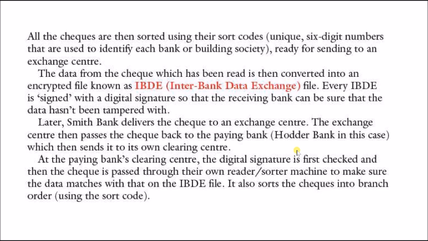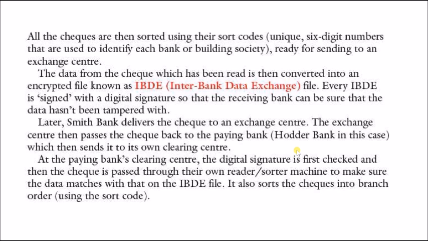Later, Smith Bank delivers the check to an exchange center. The exchange center then passes the check back to the paying bank, which is Hodder Bank in this case, which then sends it to its own clearing center.